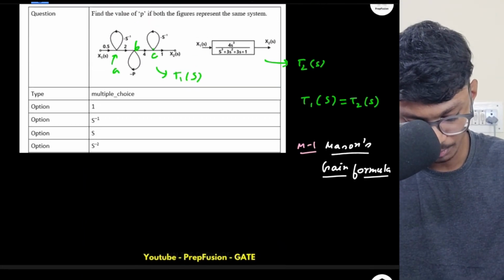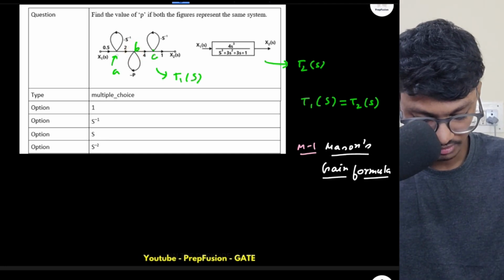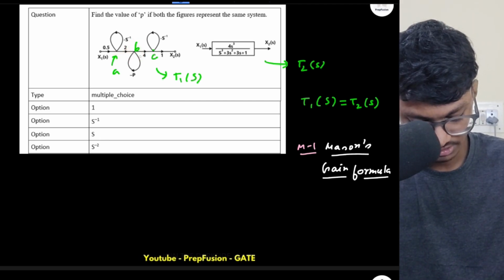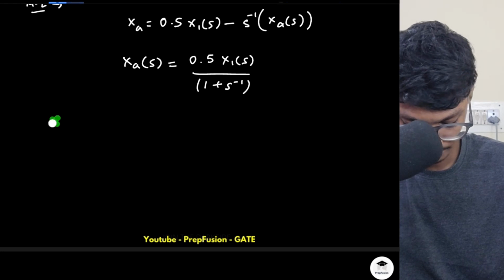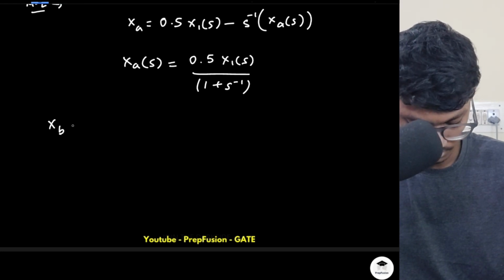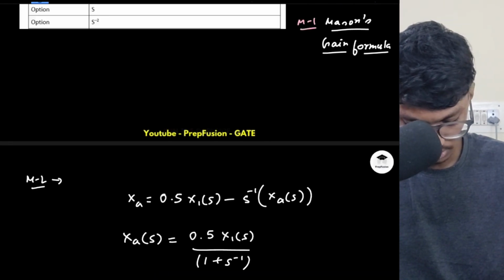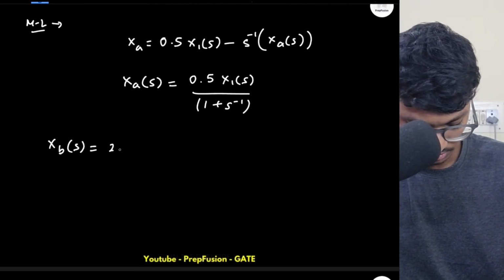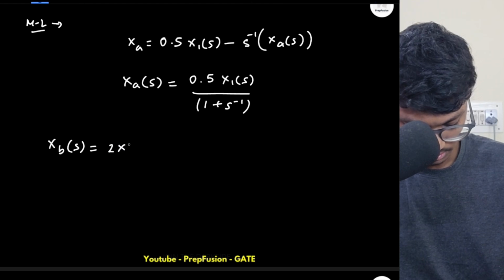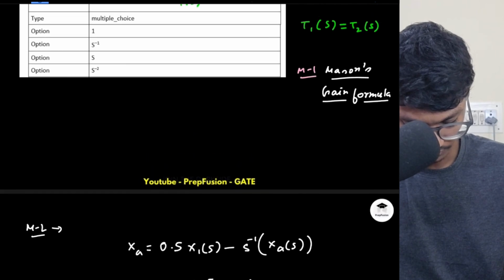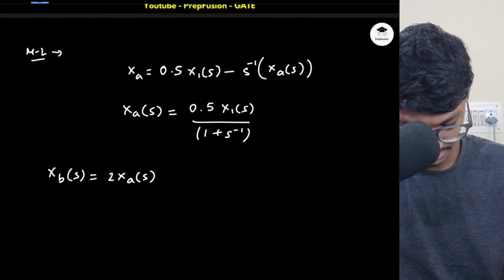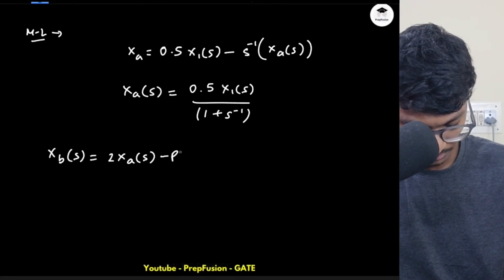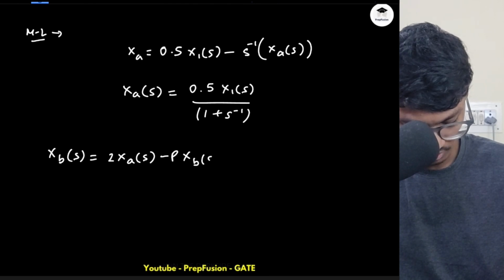Now what is my XB? What are the incoming values? XA is incoming to this and XB itself is incoming, nothing else. So XB(s) is equal to 2 times XA(s), minus, sorry, minus P into XB(s) itself.